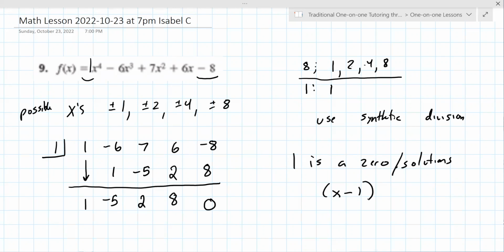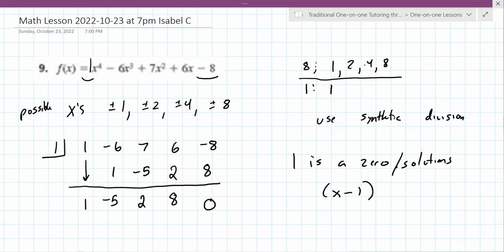Now, because I'm giving you the ones that work here, you would actually try the number again if it works, because there could be a double root. How often does it happen? I don't know. It depends on the problem.